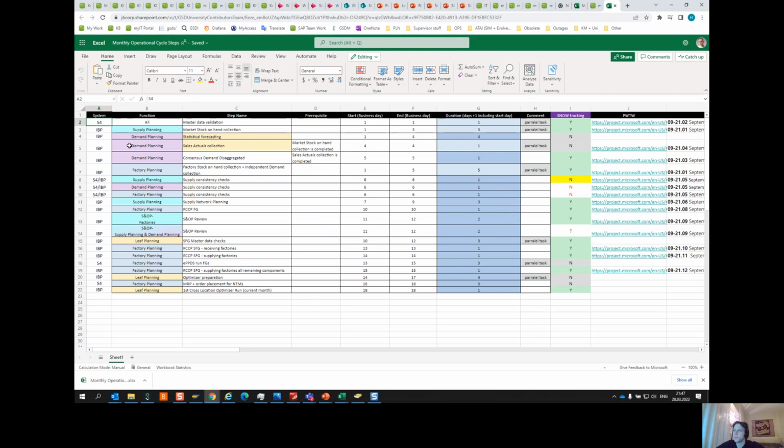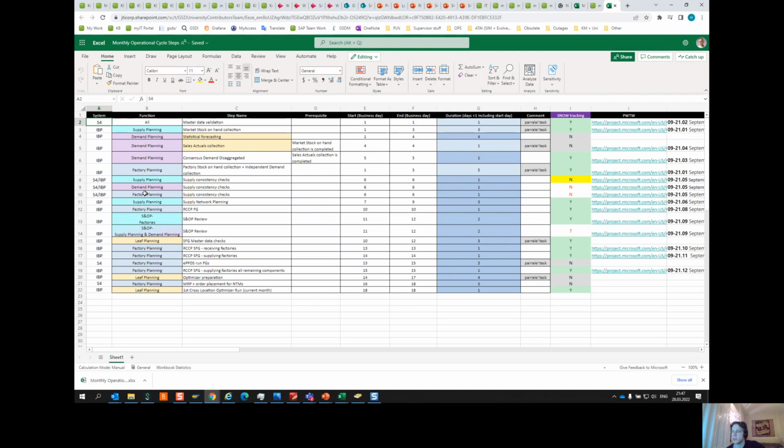So when the demand planning stage is gone, demand planners do not actually stop work. They just start monitoring the overall situation and preparing the master data and all the data for the next months.